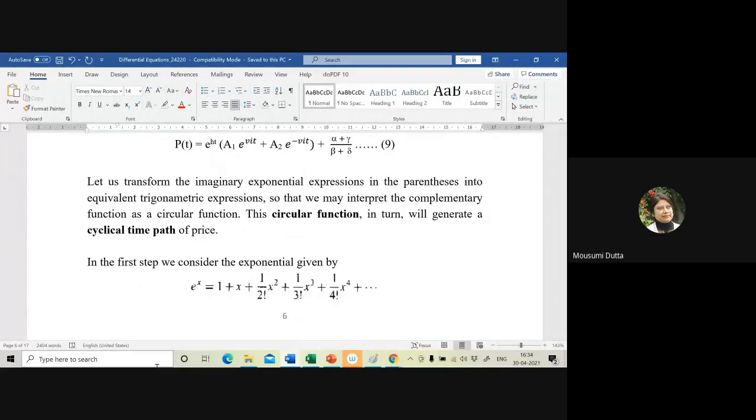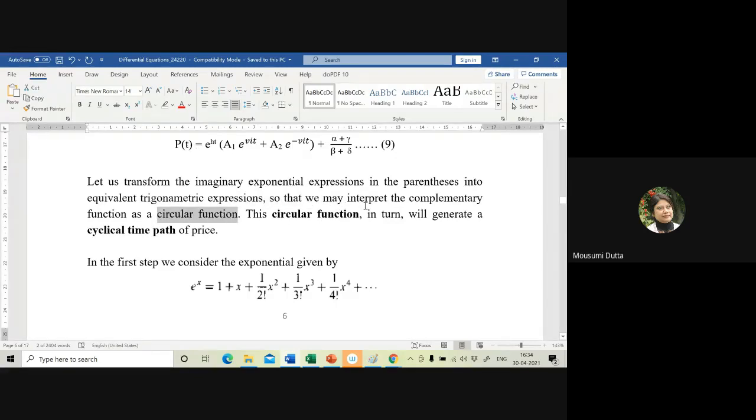So I'm repeating, we transform the imaginary exponential expression, that means e to the power vit and e to the power minus vit in the parenthesis, into equivalent trigonometric expressions so that we may interpret the complementary function as a circular function. Okay, so I have some objective.